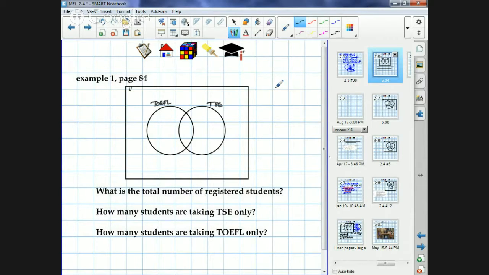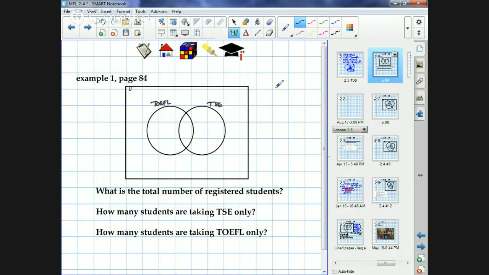In a particular school, 800 students are registered for TOEFL, a test for kids from another country coming to go to school here. 500 are registered for TSE, 200 are registered for both.